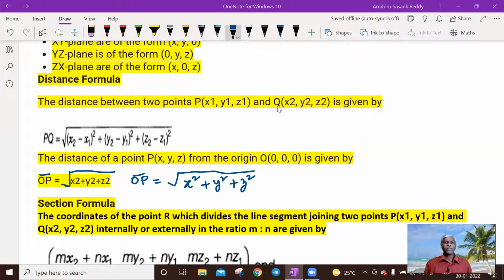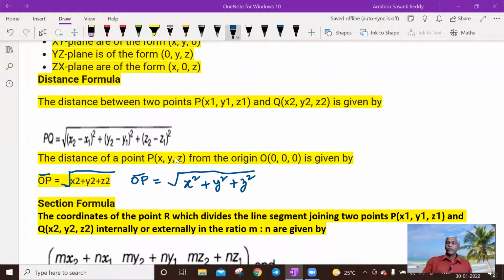If these are the 2 points in a 3-dimensional system, the distance between these 2 points, PQ, or you can take AB, the distance between these 2 points is under root (x2 minus x1) whole square plus (y2 minus y1) whole square plus (z2 minus z1) whole square.